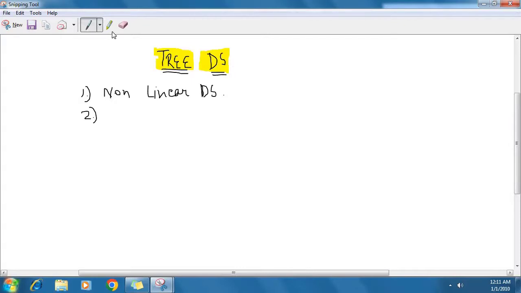Second thing, it is a hierarchical data structure. So it is also a hierarchical data structure.